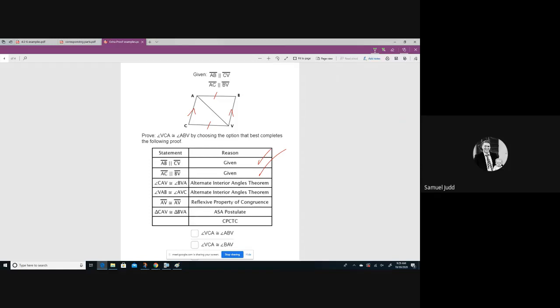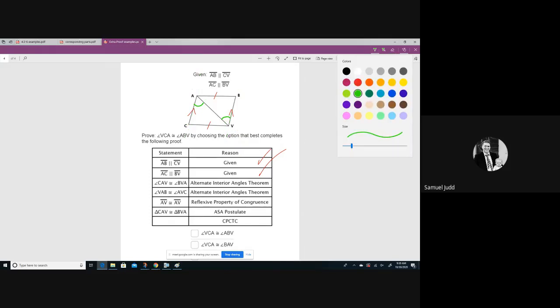All right, so we know that CAV, that's this guy, is congruent to BVA, that's this guy. And hopefully you're noticing those parallel lines and that transversal. That's what's giving us the option to say those are alternate interior angles. Okay, and then what else do we get to know?